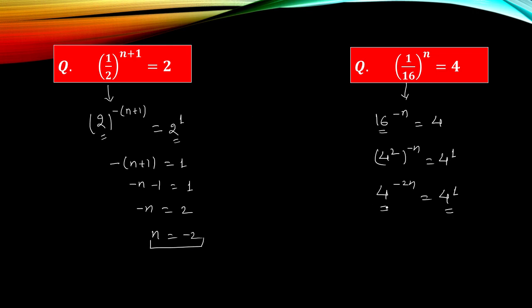Right now we are getting 4 and 4, both bases equal, so we can compare the indices: 2n is equal to 1, and n is equal to minus 1 by 2 is the solution of the equation. So in all the equations, our target is to equate the bases on both sides, and we are doing that only.